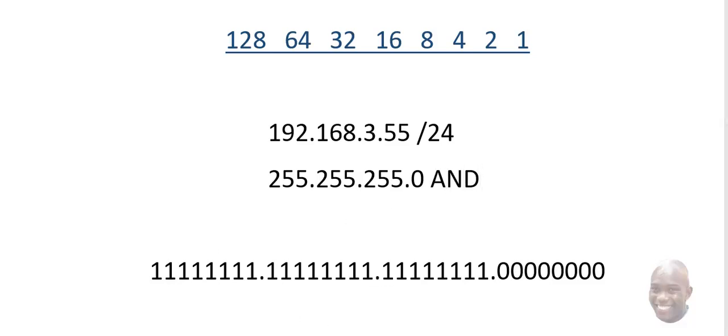First, I take this number into dotted 32-bit binary notation, using place values. 192 takes the 128 place and the 64 place, and if I add the two I get 192, so I put six zeros. For 168, it's greater than 128, so I take the first one.